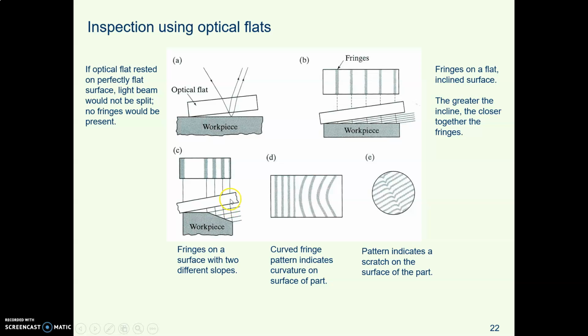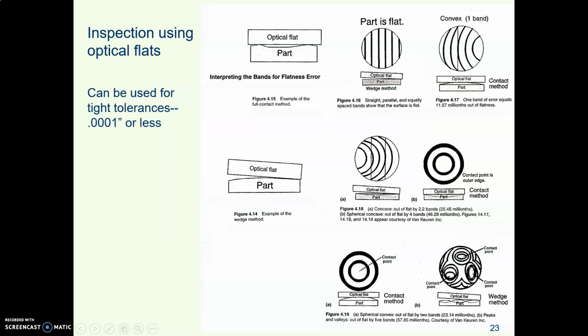The farther apart the fringes are, the more tipped, the more distance there is. If the fringes are evenly spaced, as you see here, it means we have a flat surface, it's just on an incline. If there's a curve in the part, you'll see those fringe lines curve, or if there's a scratch, you'll actually see the scratch reflected in the fringe lines.